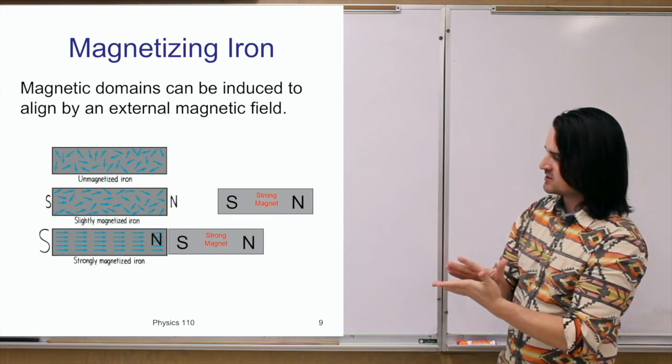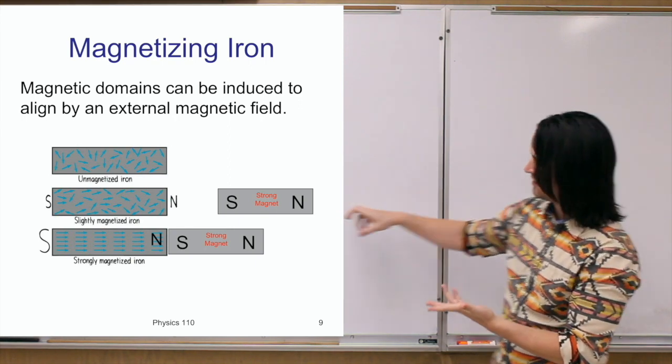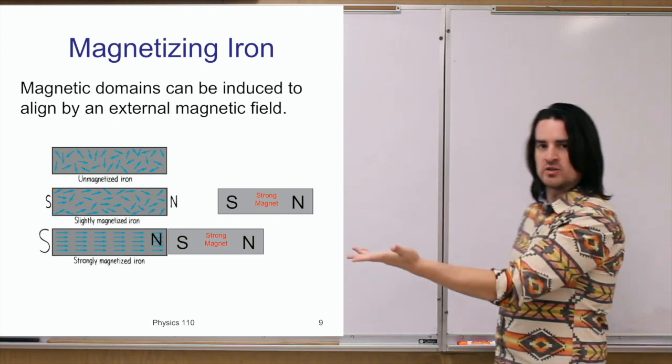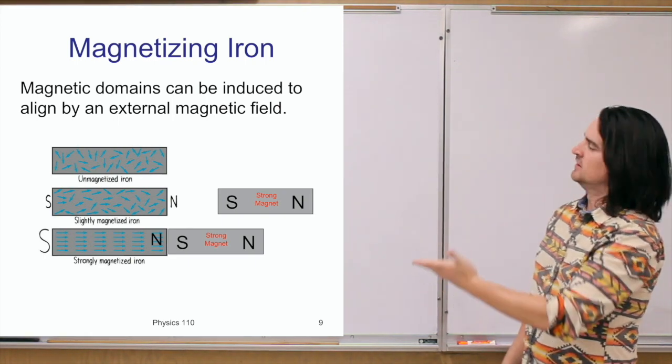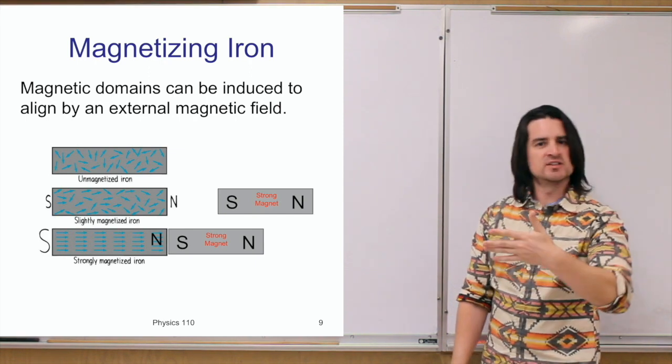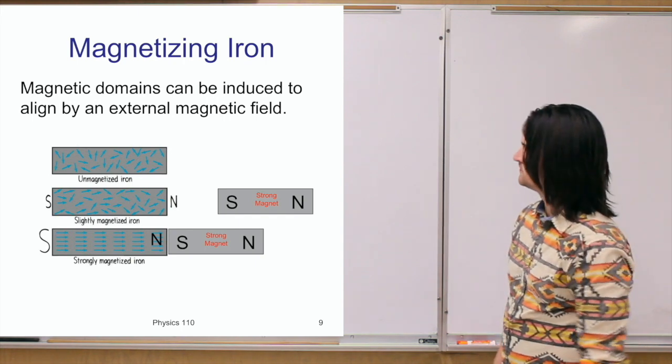So now you have this strongly magnetized piece of iron on the left. If you take away this strong magnet, you still have your strongly magnetized piece of iron, right? So you just created a magnet, essentially. It's odd to think, but you can use magnets to create more magnets.